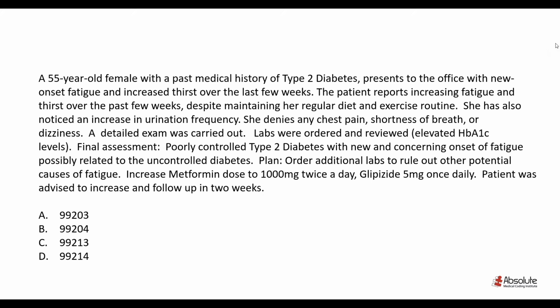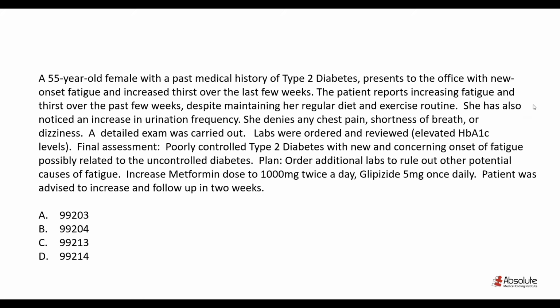Hello, coders. A 55-year-old female with a past history of type 2 diabetes presents to the office with new onset fatigue and increased thirst over the last few weeks. The patient reports increasing fatigue and thirst over the past few weeks.